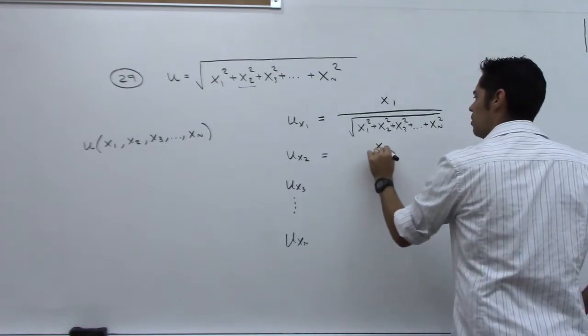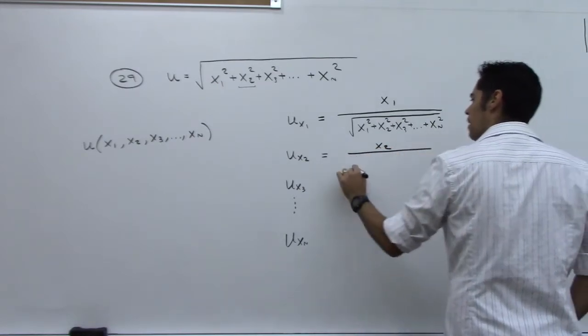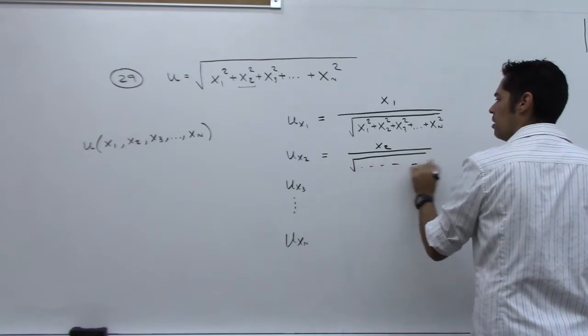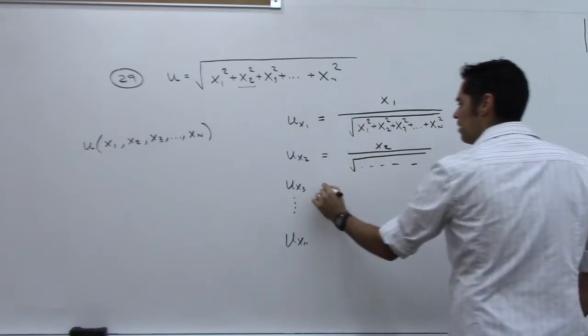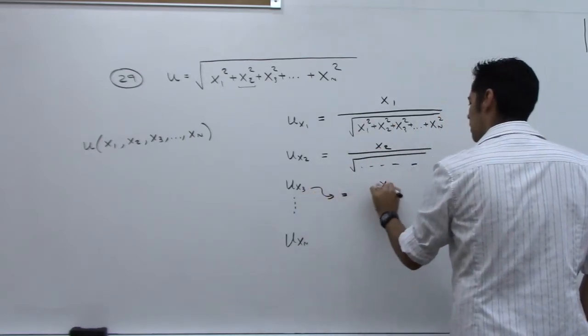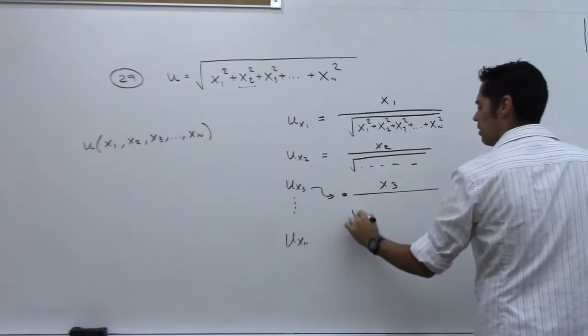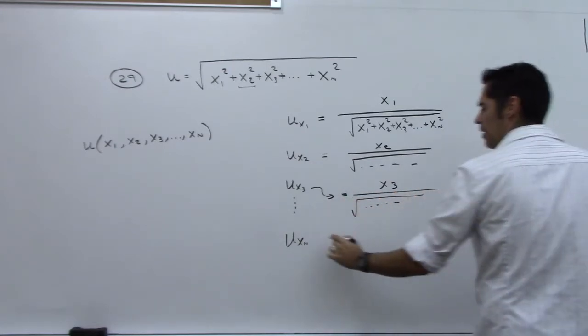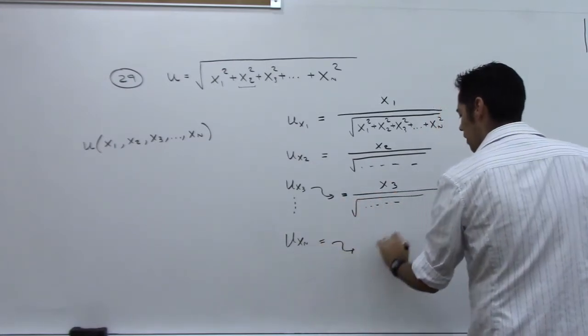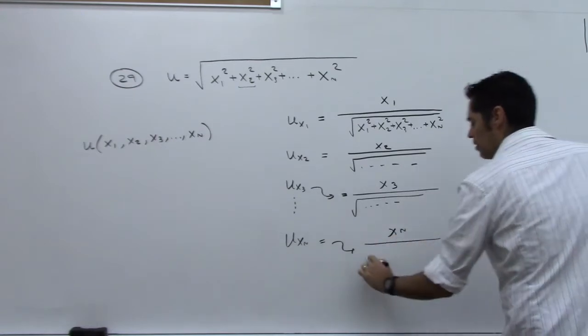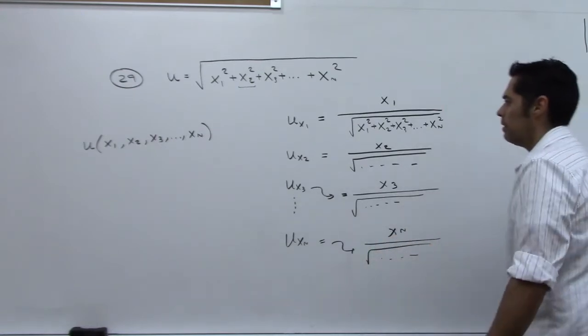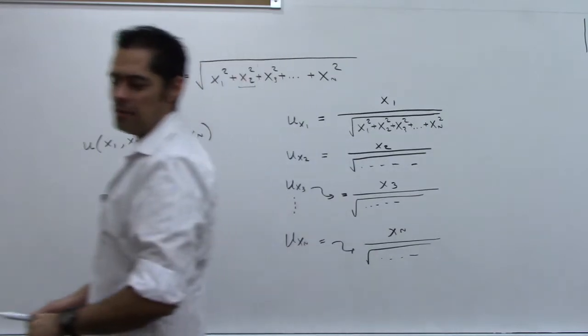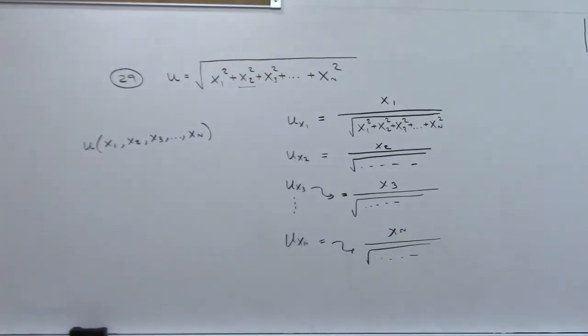So you get x sub 2 over the square root of all this junk right here. And this next one, by following that pattern, would be x sub 3 over that junk. And the last one, of course, would be x sub n over the square root of all that junk. So we actually didn't have to take n derivatives. We just noticed a pattern.